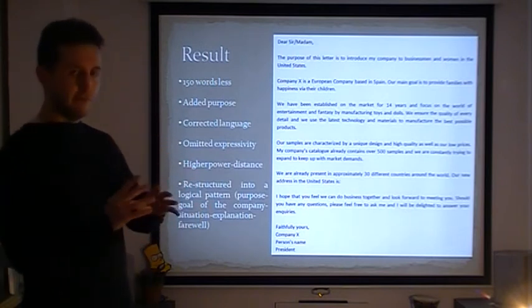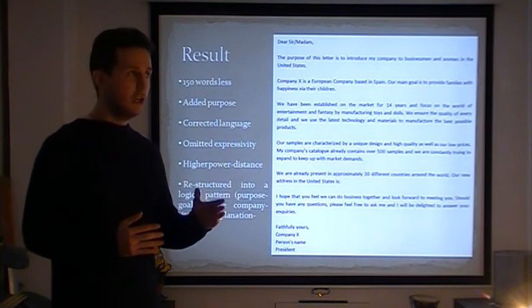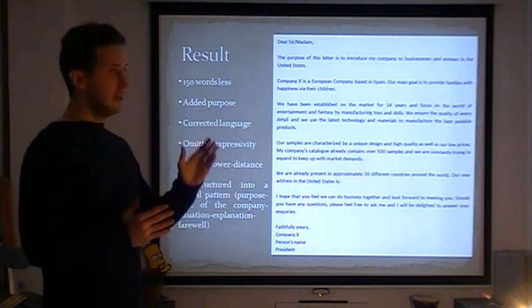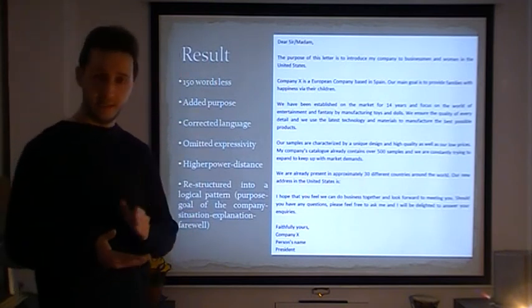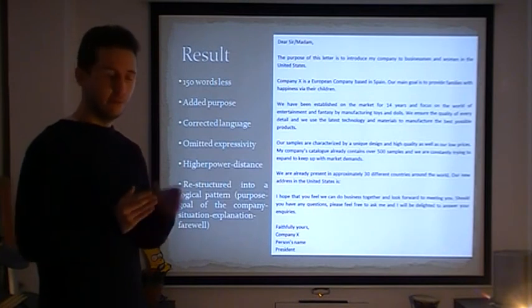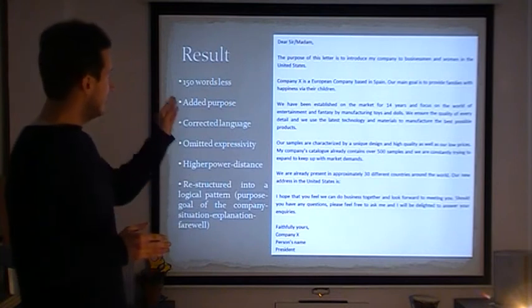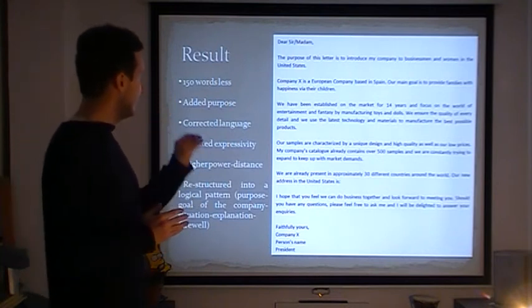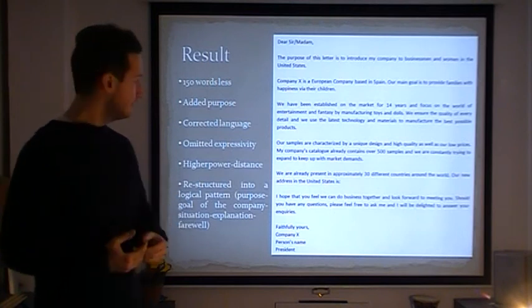And finally, I've reorganized all the information that the letter provided to establish a coherent structure. So to do this, first of all, I state the purpose, as I mentioned, clearly, explicit and concise. From the get-go, the reader knows exactly what the letter is about. After that, I include a line which describes what the goal of the company is.